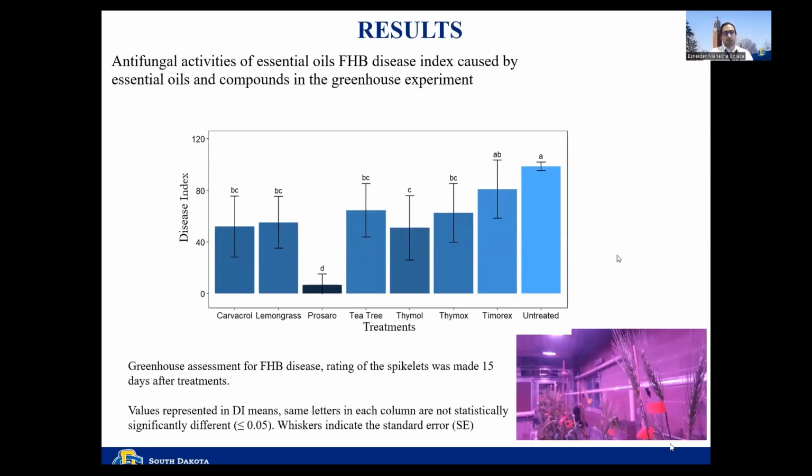This experiment was repeated twice, where we evaluated again the disease index of Fusarium head blight, and here, of course, Prosaro showed the best performance against the disease. But interesting for us, the treatments carvacrol, lemongrass, Thymox, Timorex, and thymol showed a significantly lower disease index versus the control treatment with water.